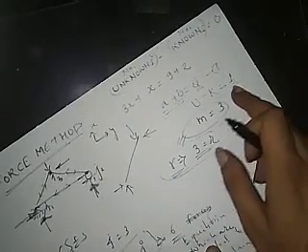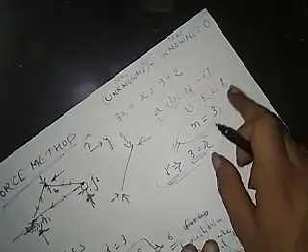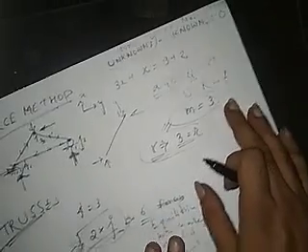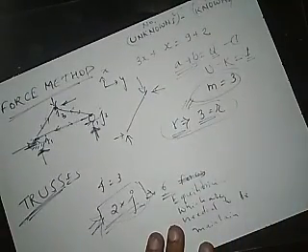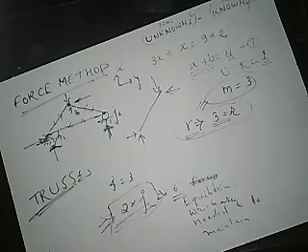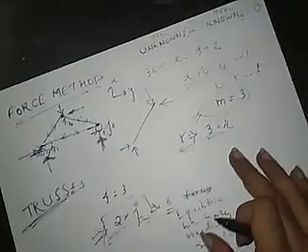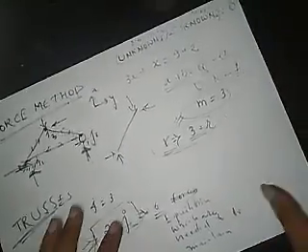So this extra equation required is called the indeterminacy of the given structure, defined as the number of unknowns minus the number of knowns.